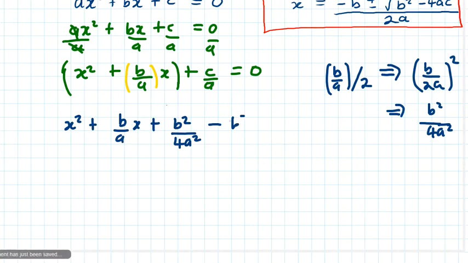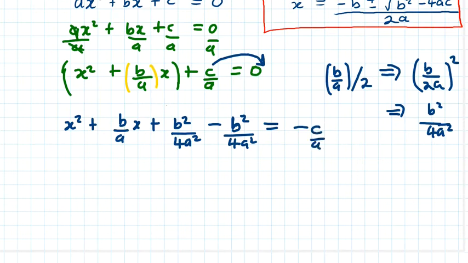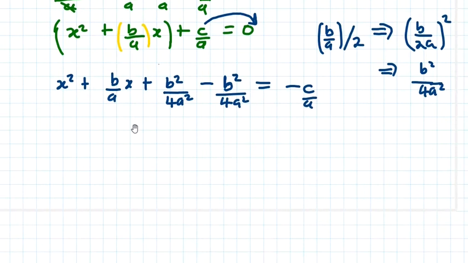We are simply subtracting because we have to make sure every term is maintained and our equation is maintained. So let's move this part to this side, minus c over a, because what we do on one side should also be done on the other side.